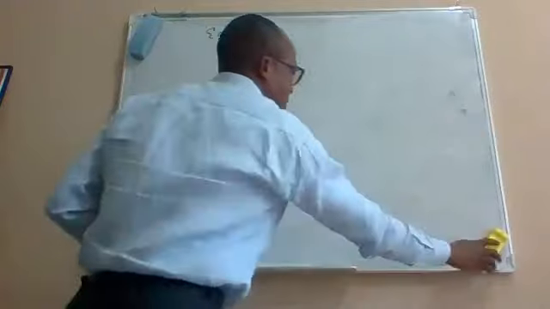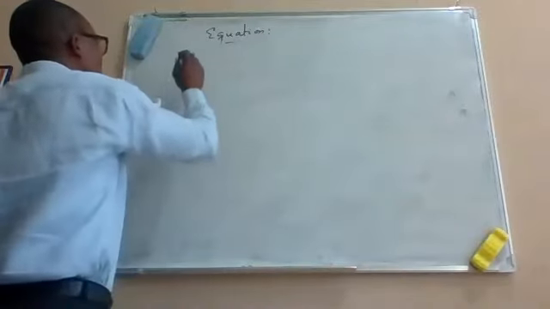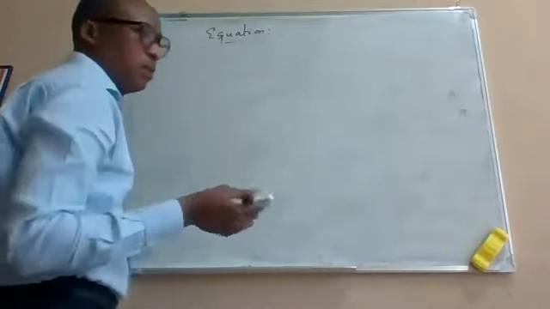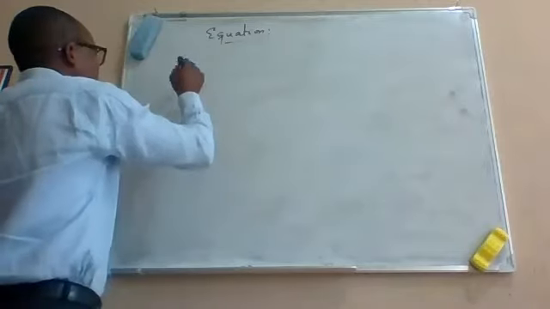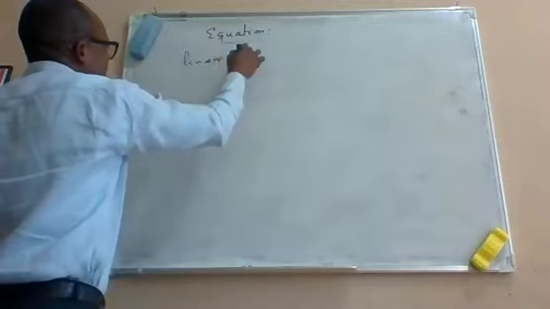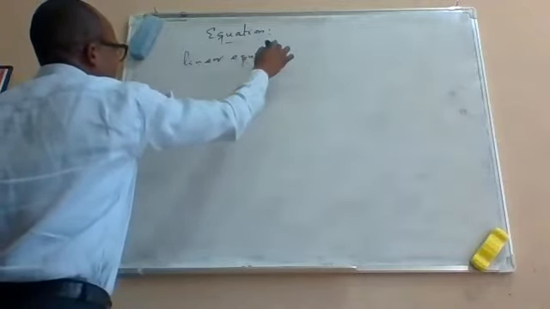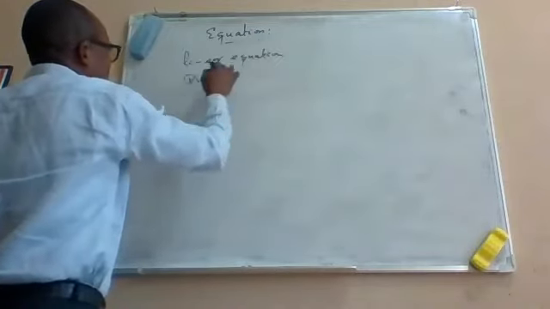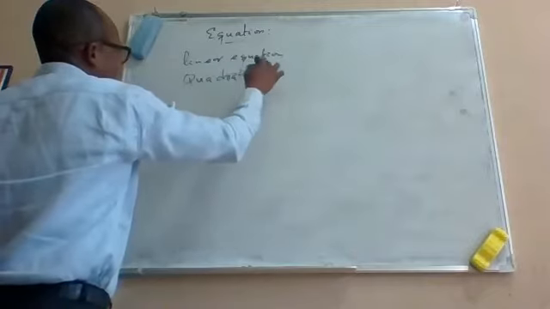So I will start by talking about linear. Under the equation, we'll be looking at two basic parts. Let me say three. I will talk about linear equation, then quadratic equation.